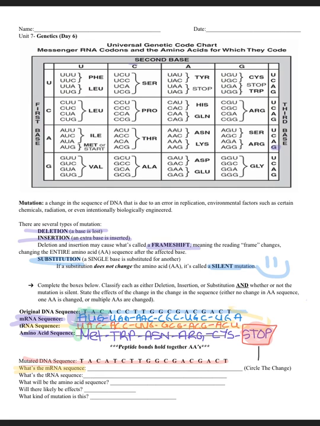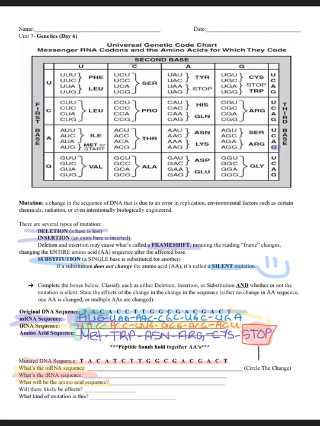Then you're going to find its anticodon, which I'll put in red because it'll be similar to the DNA sequence besides the uracil change. Then you will determine its amino acid sequence, based on the mRNA codons. And then you're going to determine if there will be any effects, and what type of mutation has occurred.